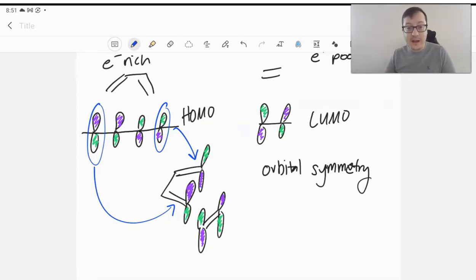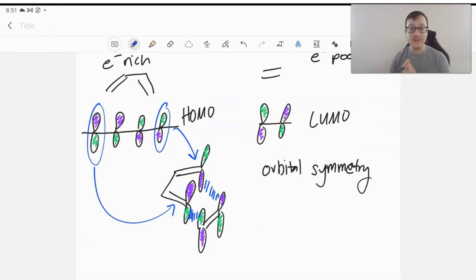And if we take a look at what's happening with the ethylene, we see here we have in-phase overlap. The purples of the HOMO are lining up with the purples of the LUMO of the other molecule.